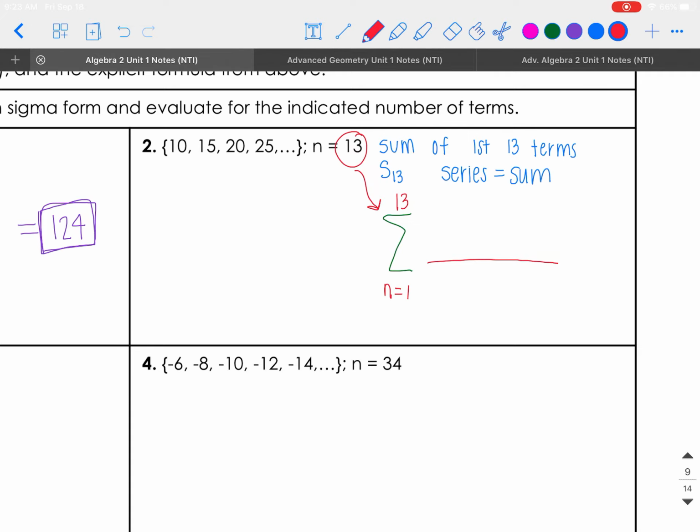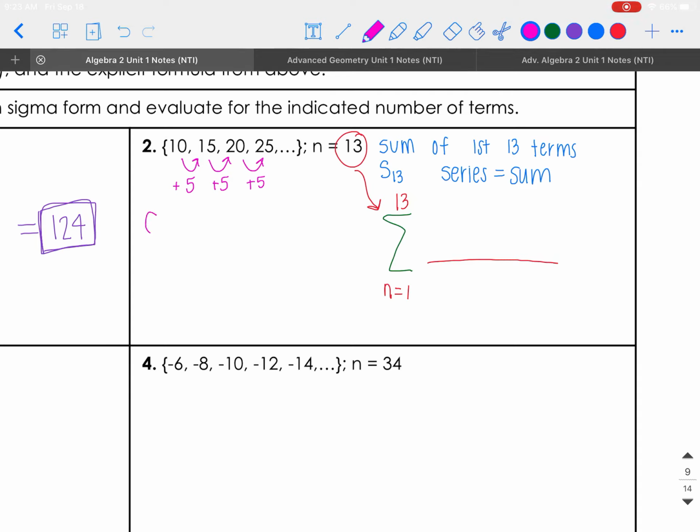We have to figure out the formula. So I know that it's an arithmetic sequence because it's adding 5 each time. We're doing plus 5, plus 5, plus 5. Since we're adding the same thing every time, that means that it is arithmetic.